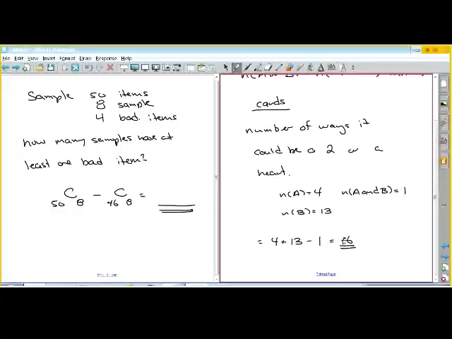So 16 out of the 52 cards is going to be either a heart or a 2. If you didn't subtract 1, you would be double counting the 2 of hearts.